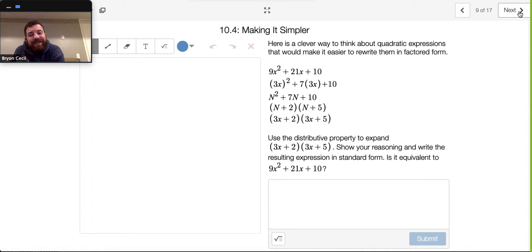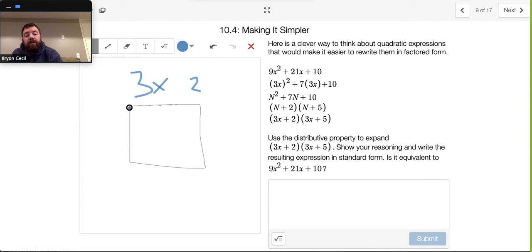All right, now this right here is pretty clever. I like what they do here. We need to write it in standard form as equivalent to the 9x squared plus 21x plus 10. So first, let's do that. Let's take 3x and 2, and 3x and 5.